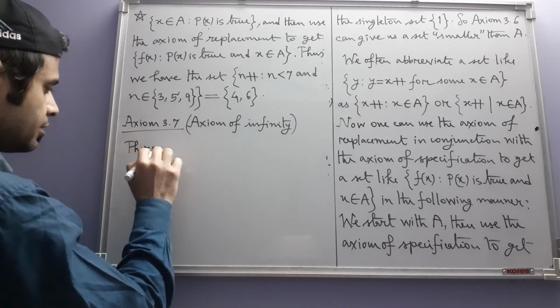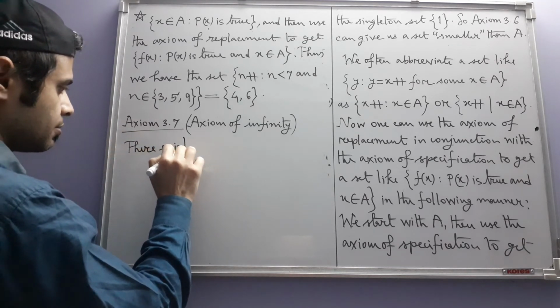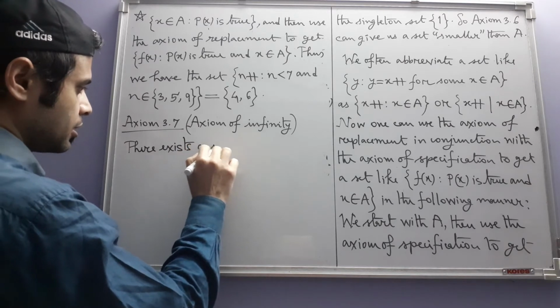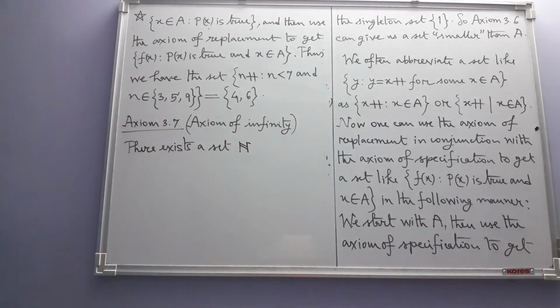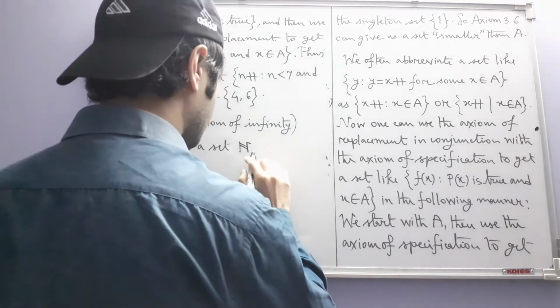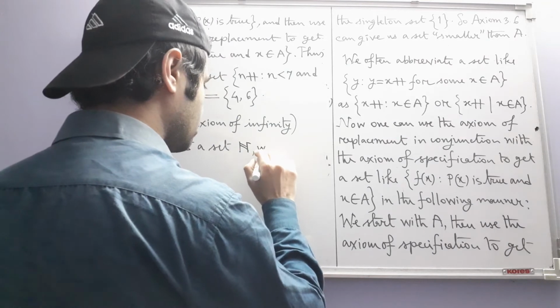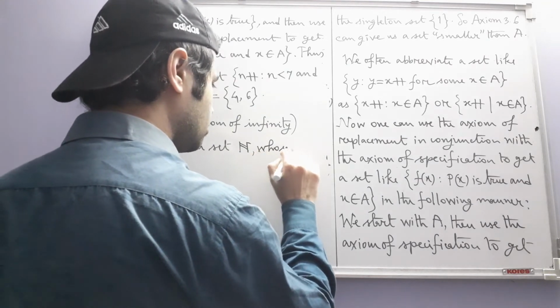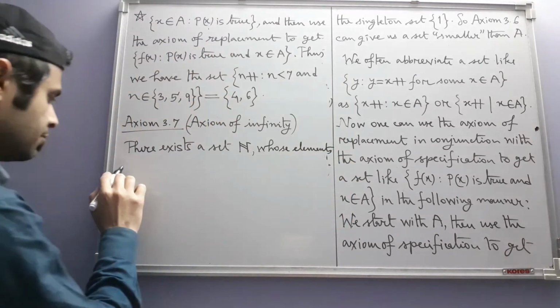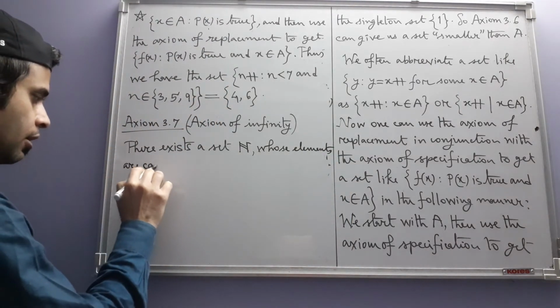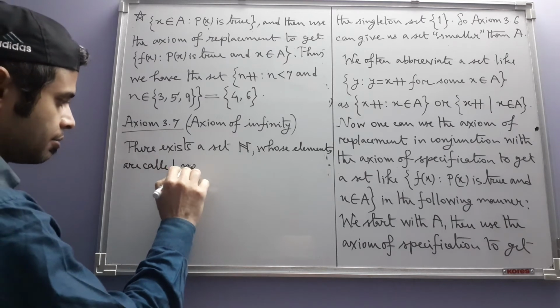It says that there exists a set N whose elements are called natural numbers.